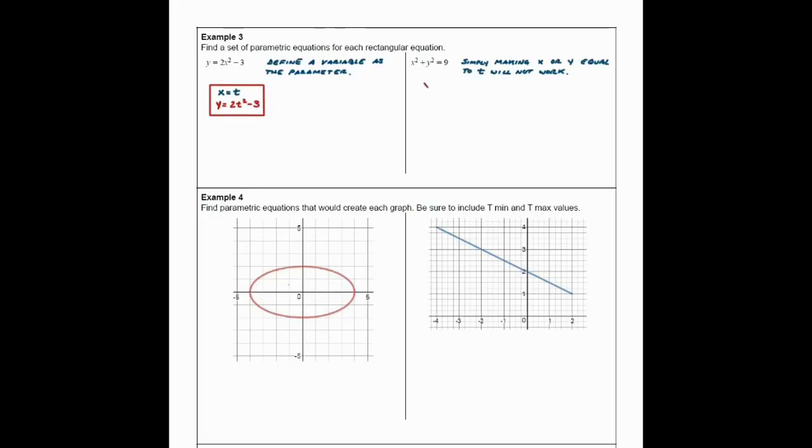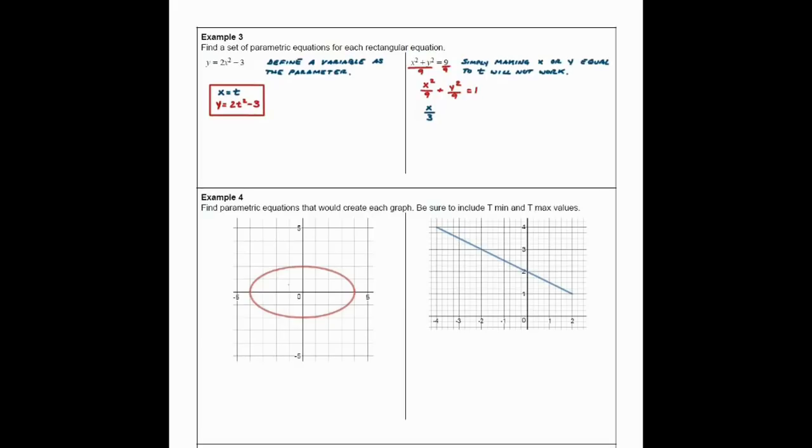What I mean by that is if I were to divide everything by 9, okay? If I divided everything by 9, what I would get is x squared over 9 plus y squared over 9 equals 1. And then that looks a lot like the Pythagorean identity.